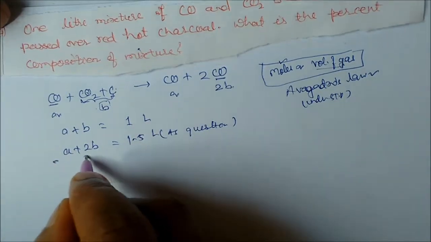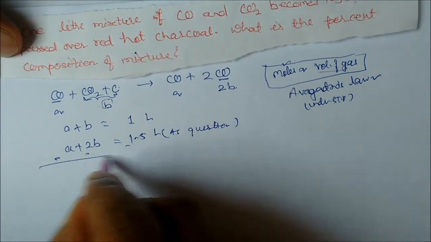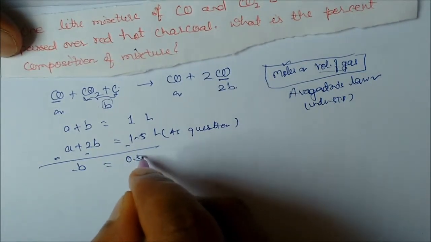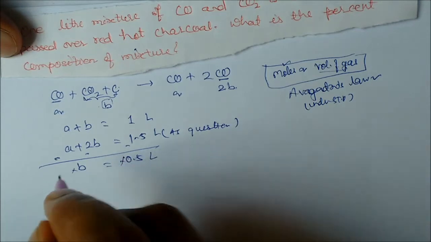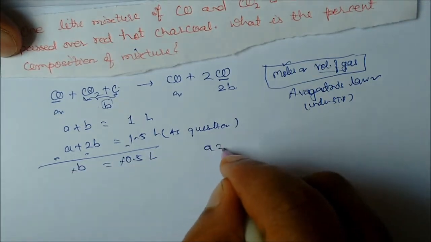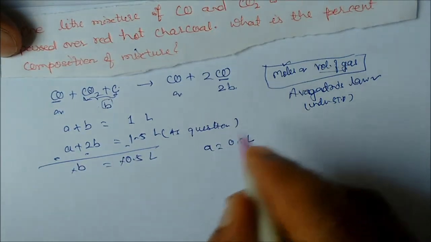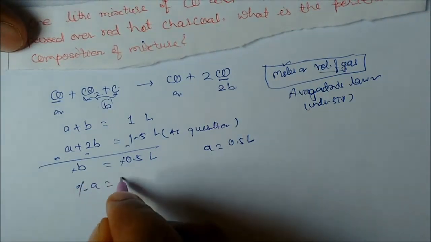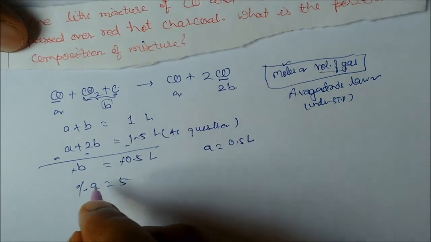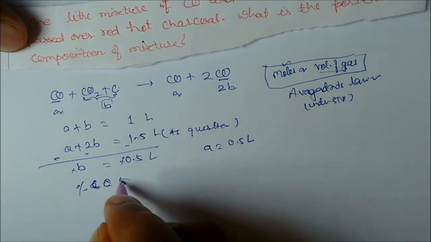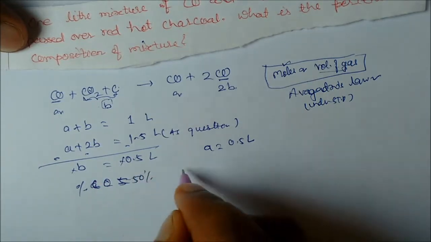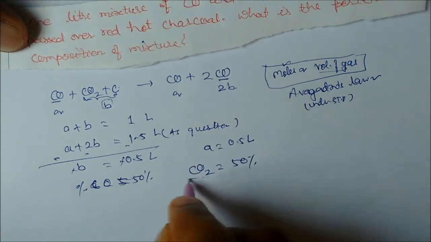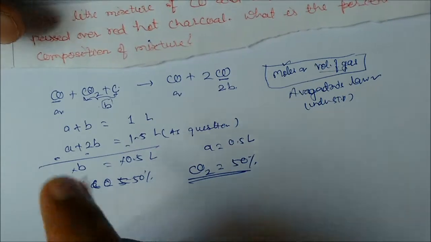On solving, subtracting, B is 0.5. So A also becomes 0.5. Percentage wise, the percentage of A, carbon monoxide, is 50%, and carbon dioxide is 50%, because both are half a liter.